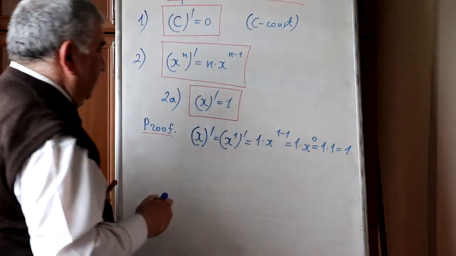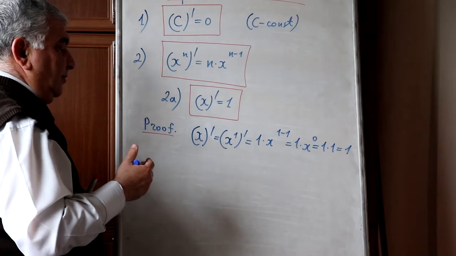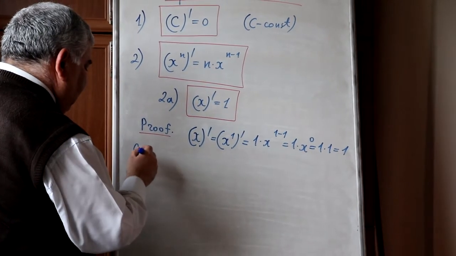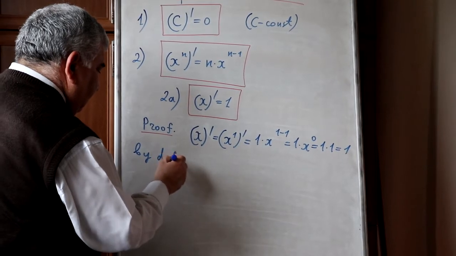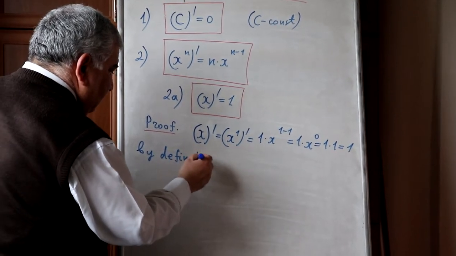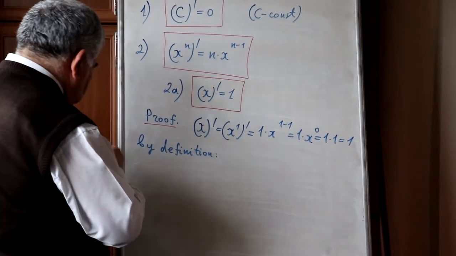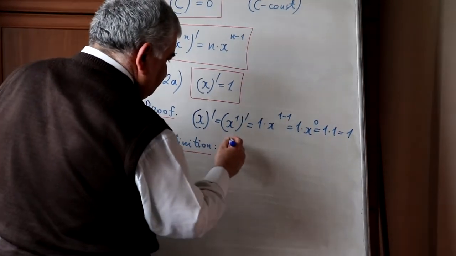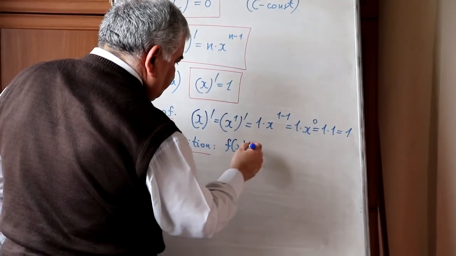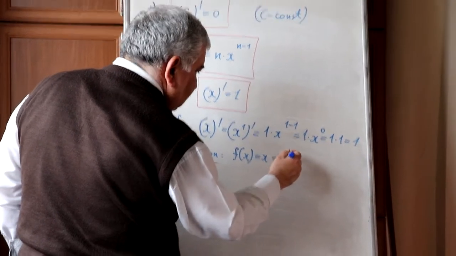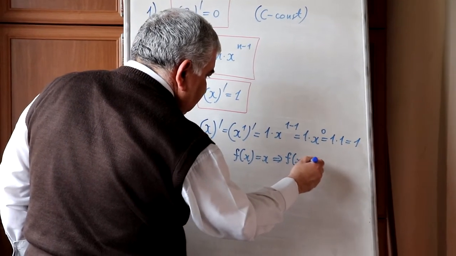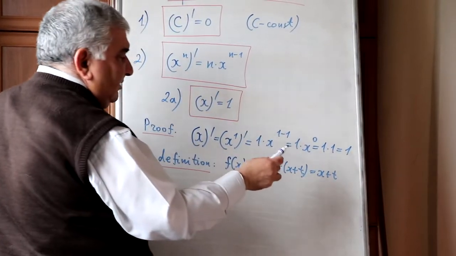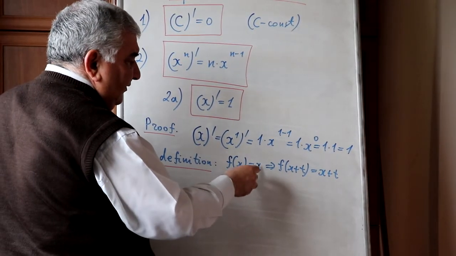And also we can prove this formula by definition. By definition. F of x is x, then f of x plus t is x plus t, because here x plus t is substituted instead of x.